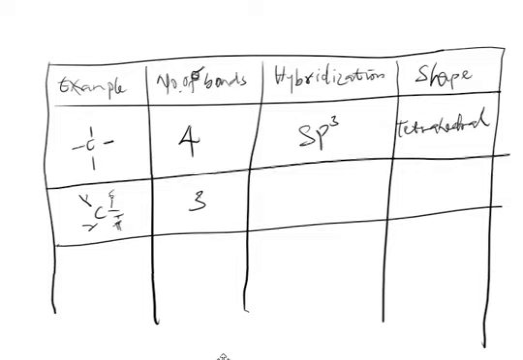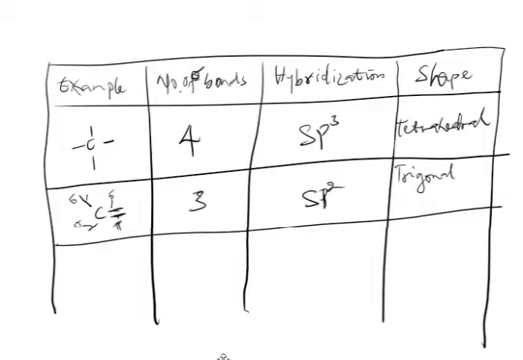So if it's a double bond, now this over here will be a pi. So I have just 3 sigma bonds. So this is sp2 hybridized, and the shape is trigonal planar.